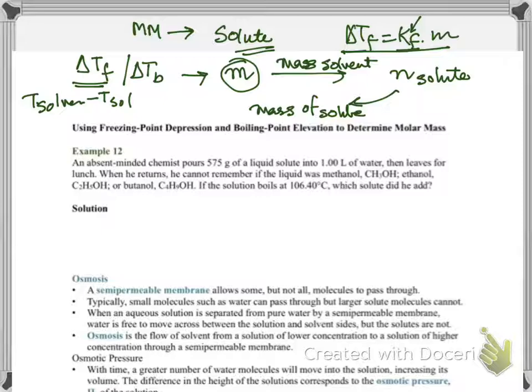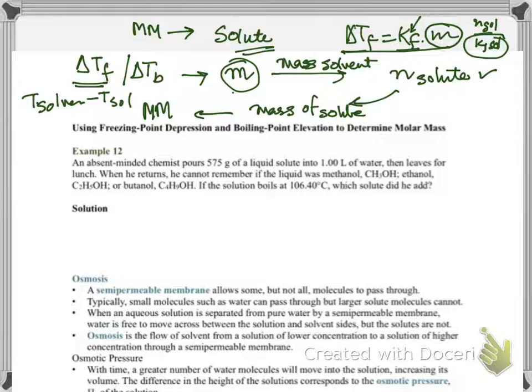Kf will be given. What is molality? Molality is the moles of solute per kilogram of solvent. That means using the molality and the mass of the solvent, you can find moles of solute, and then using the mass of the solute you can find the molar mass of the solute.